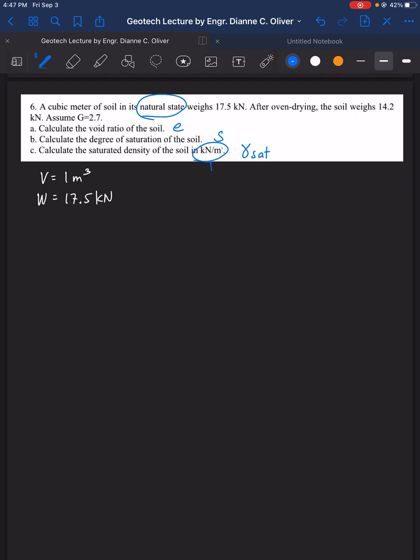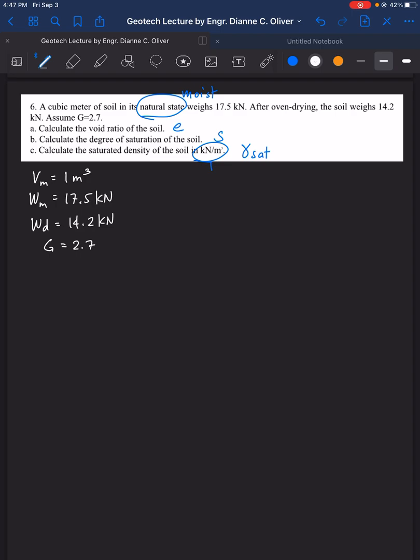So if we are talking about natural state, that is moist. So our volume and weight here are moist volume and moist weight. Then after oven drying, the weight dry becomes 14.2 kilonewton, and the specific gravity G is equal to 2.7.